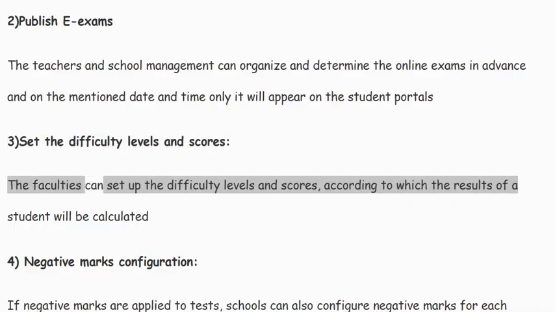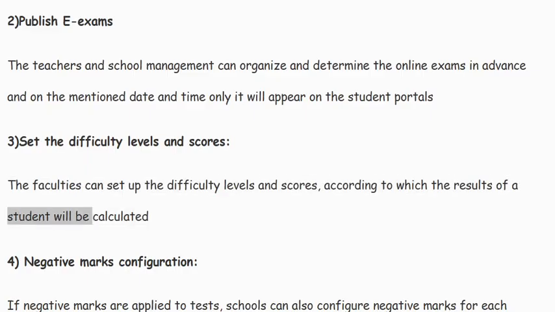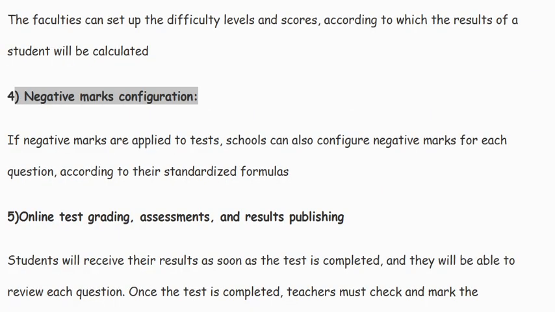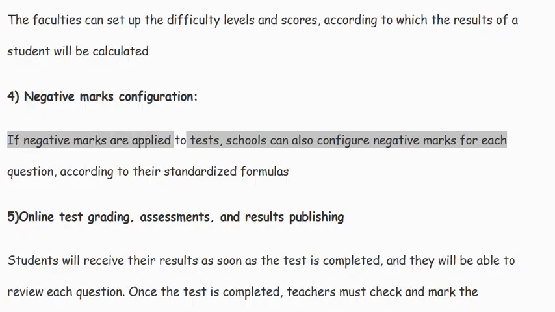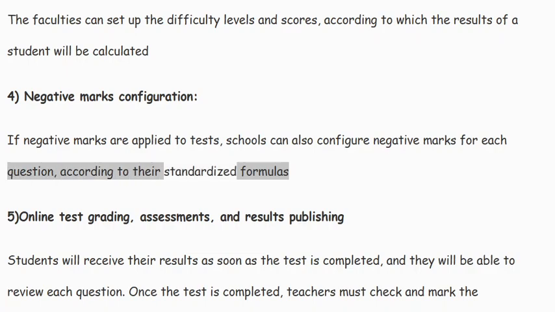The faculties can set up the difficulty levels and scores according to which the results of a student will be calculated. 4. Negative marks configuration. If negative marks are applied to tests, schools can also configure negative marks for each question according to their standardized formulas.